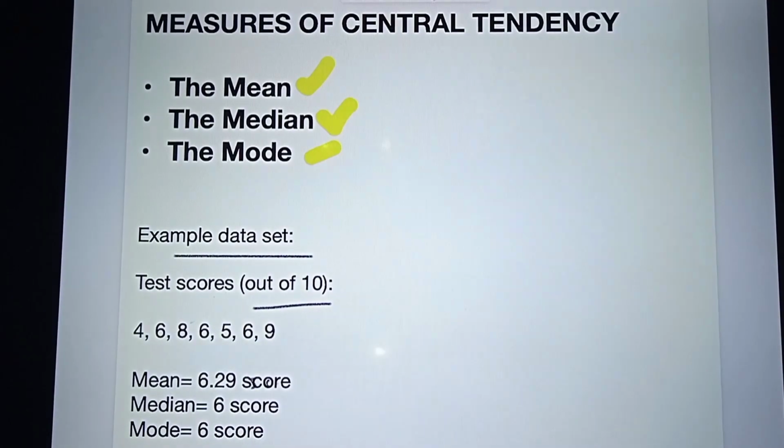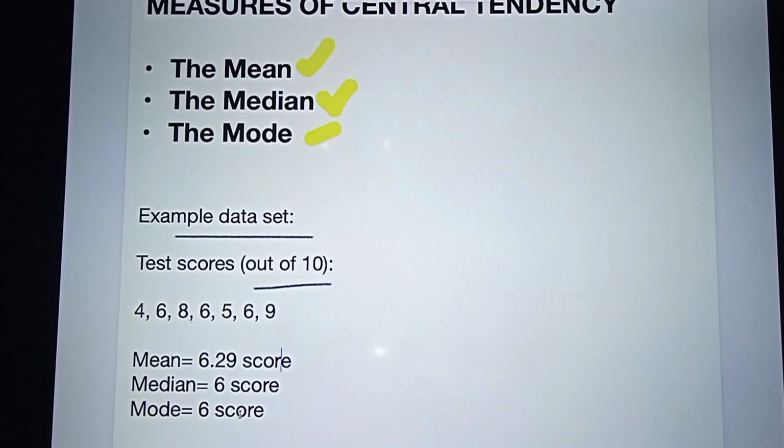So now I have written the unit with it. Now score is written, which is the unit of interest. So the correct way to report the result is mean is equal to 6.29 score, median is equal to 6 score, and mode is equal to 6 score.